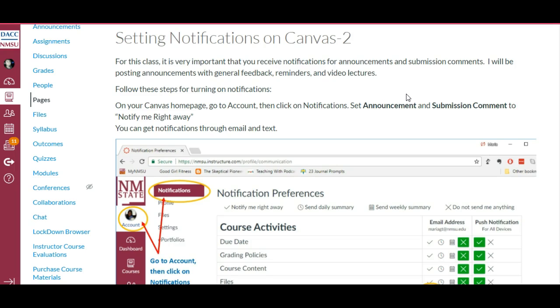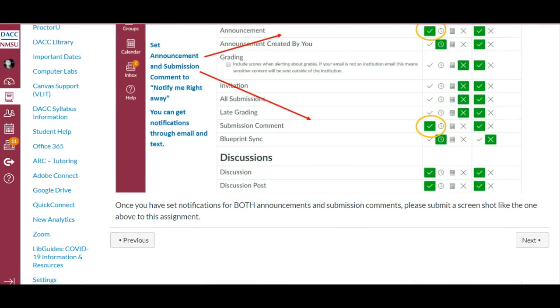So make sure that you check announcements weekly, and this, of course, tells you to set notifications for assignments and submission comments and announcements and things like that. So it is important to be notified of things like that.